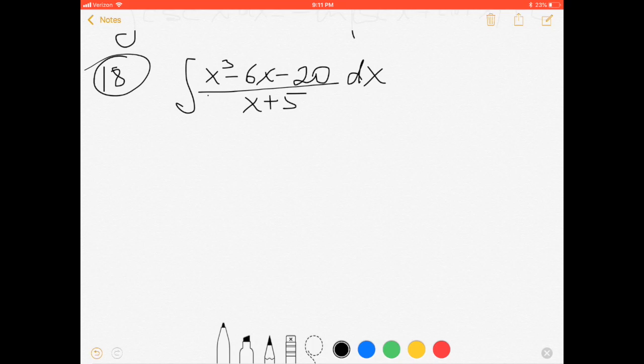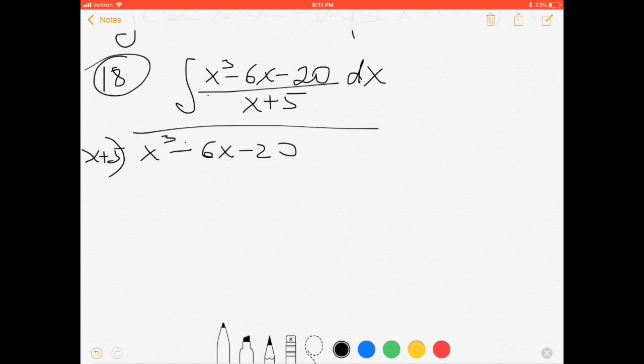You can use long division or synthetic division, your choice, and divide the numerator by the denominator, because the power of the denominator is 1, it's linear, and x cubed has a much higher power. Here we divide x cubed minus 6x minus 20 by x plus 5 using long division.